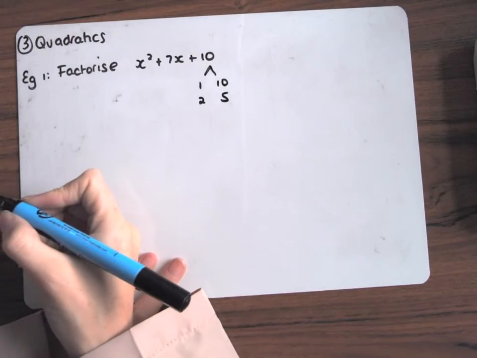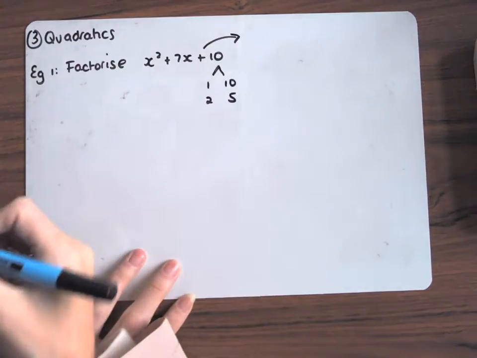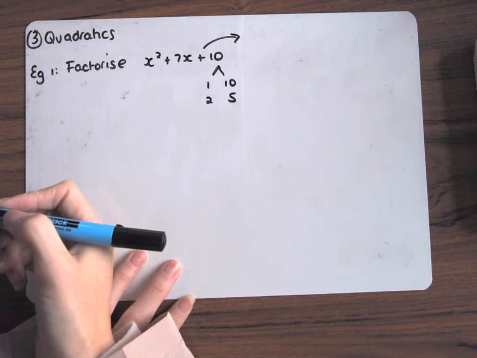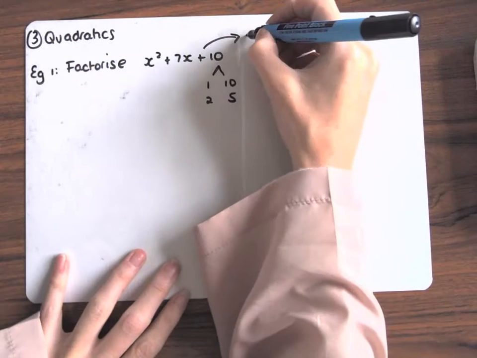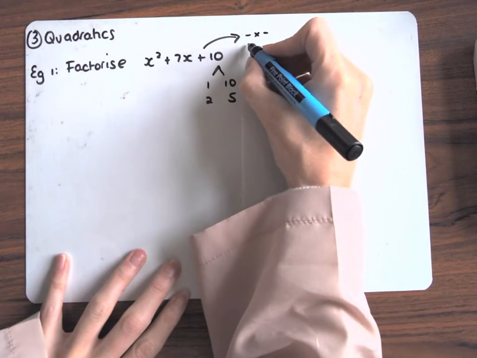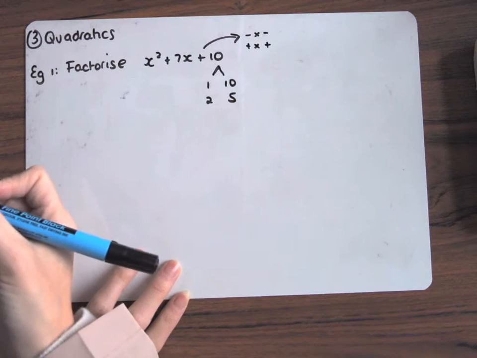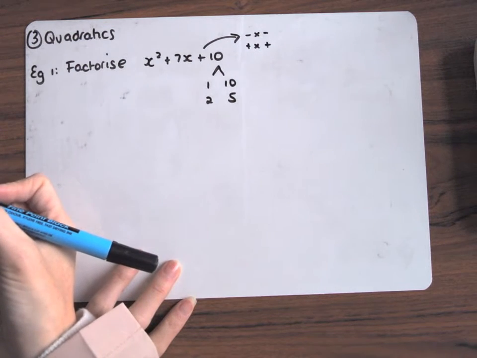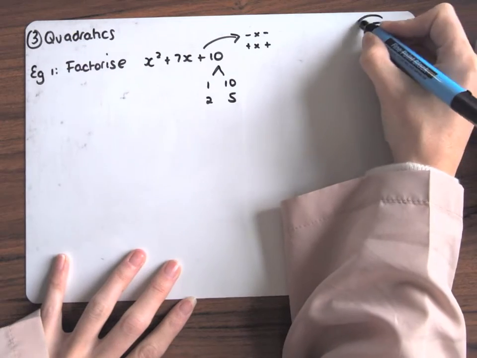Lovely. Now, what 2 signs multiply together to give you a plus? How do you get a plus? Minus and a minus, or plus and a plus gives you a plus. Think of this fella, remember him?